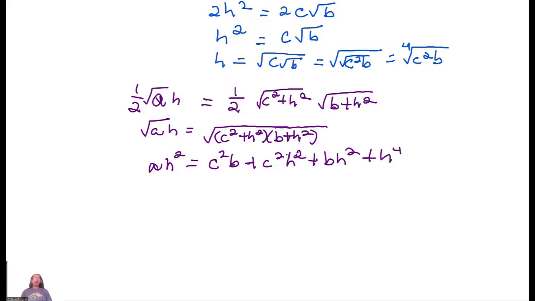Again, H to the fourth there would be C squared B. So adding that to this C squared times B. And also I'm going to factor out H squared from the remaining two terms. H squared was C squared B.